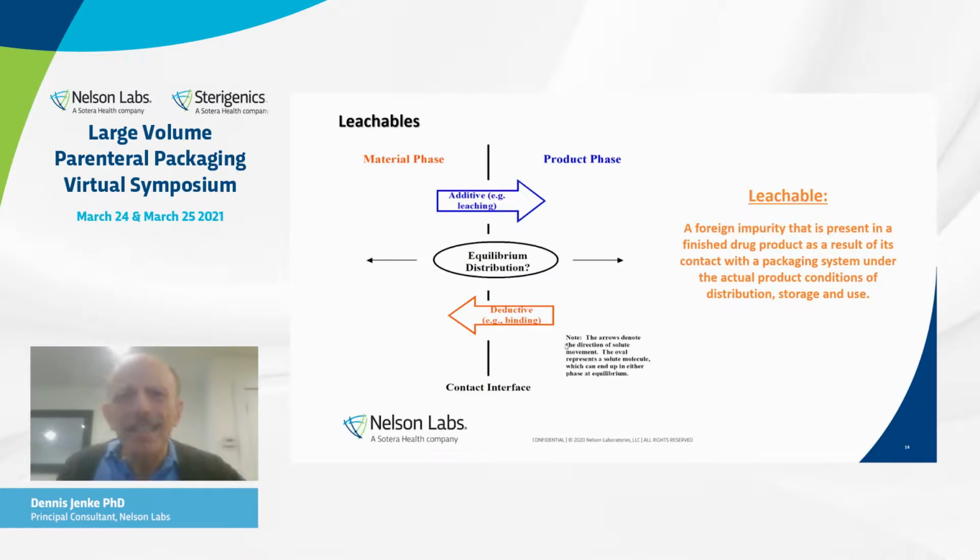The other interaction that we're certainly not going to talk about in this presentation is the possibility that the packaging system might absorb substances out of the drug product. So it's a two-way street. Substances can be leached from the material phase into the product, or they can be absorbed from the product into the packaging.